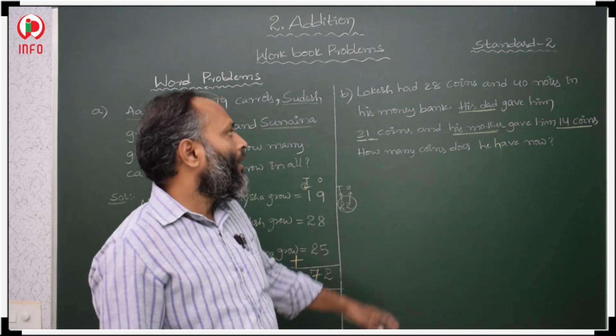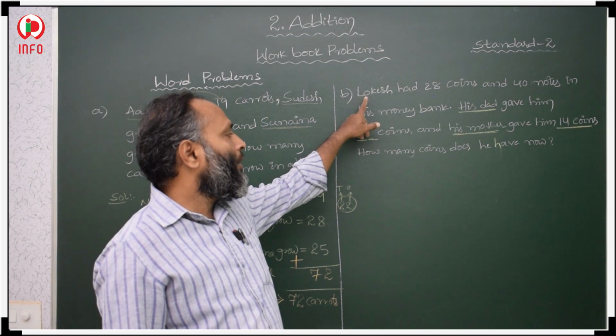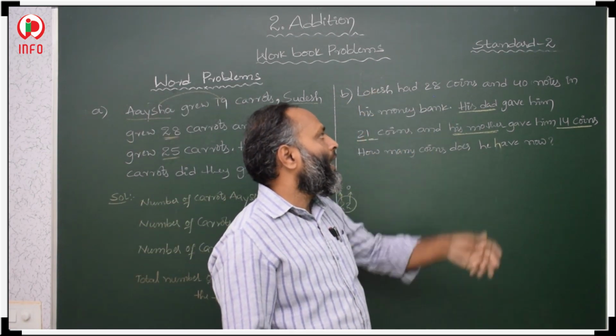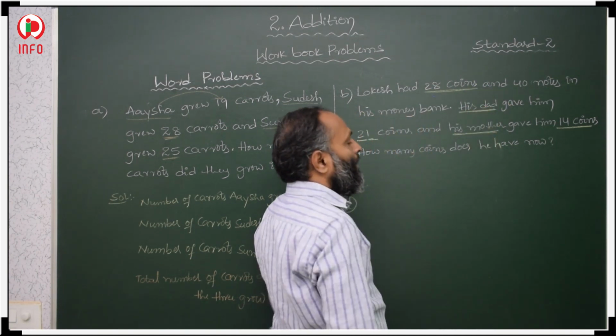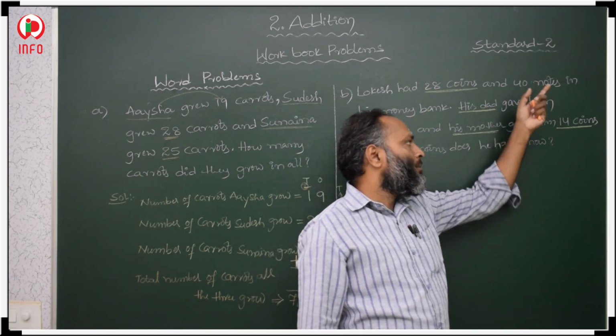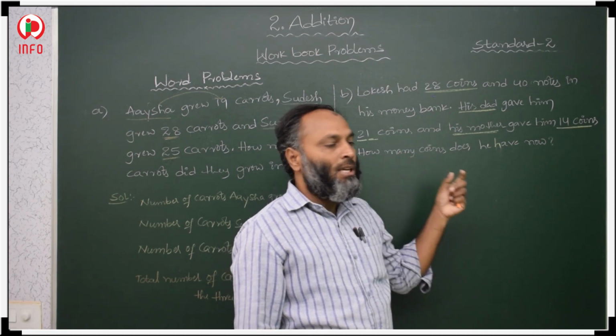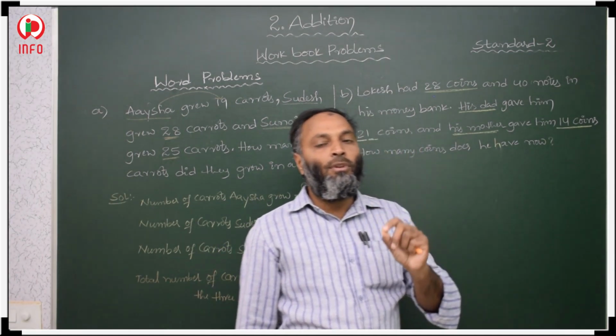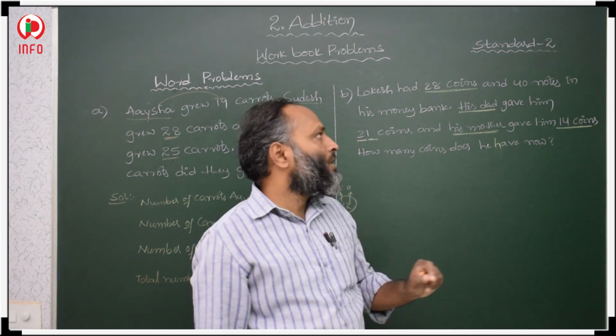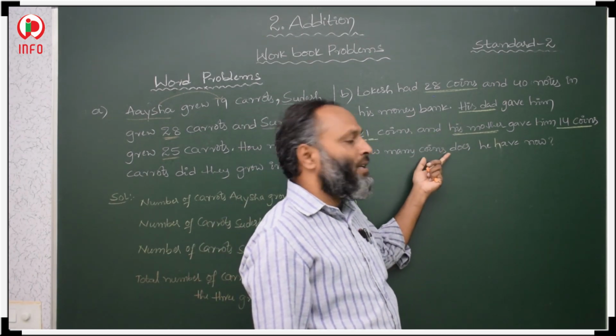See here, Lokesh. First, how many coins he had? 28 coins. Here notes are also there, 14 notes, but in the question he is asking only coins. How many coins are there? So we have to focus on coins only, not notes. Why? Because our question is on coins only.